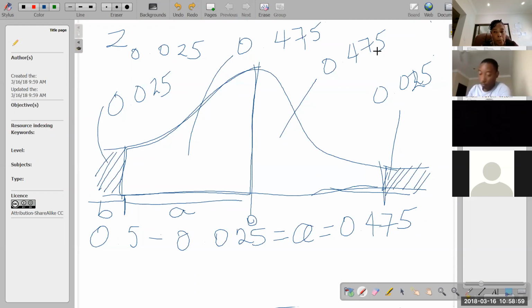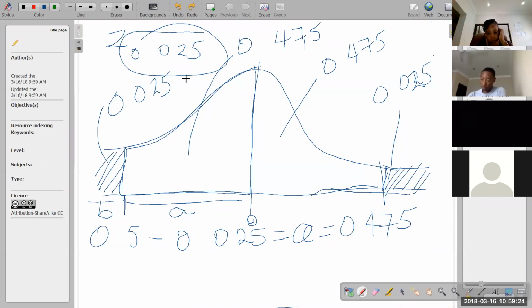May you repeat that? Which number are we looking for on the table? 0.475. You're looking for that number, not at where it meets, but in the body. All these small numbers you have. That's because you add Z subscript 0.025.